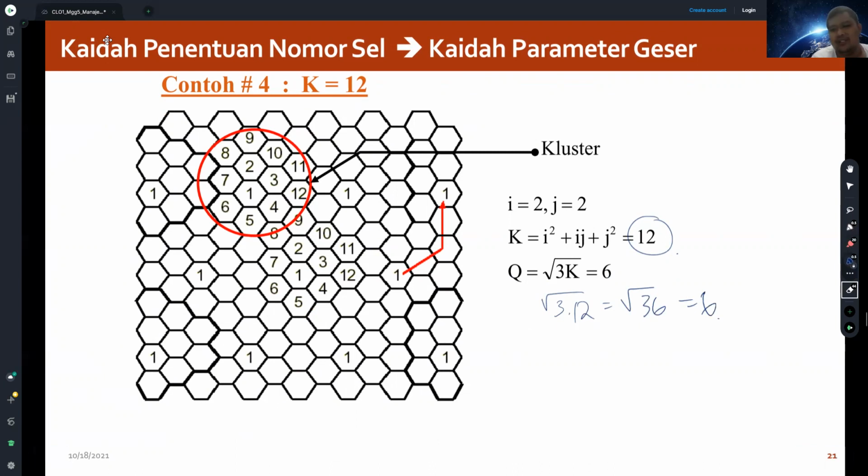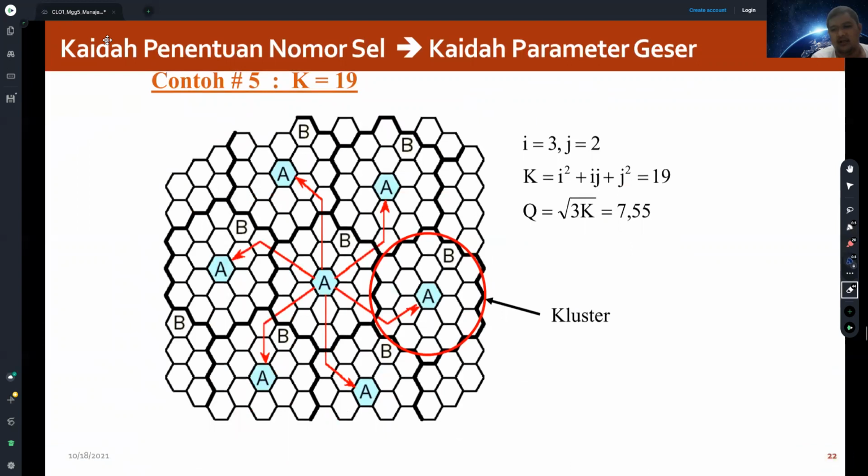Okay, so this means that the interference with K equal to 12 will be less compared to the interference of K equal to 7, or less than the interference from K equal to 4. This is the importance of the Q value. Q value is the ratio of the interference power.